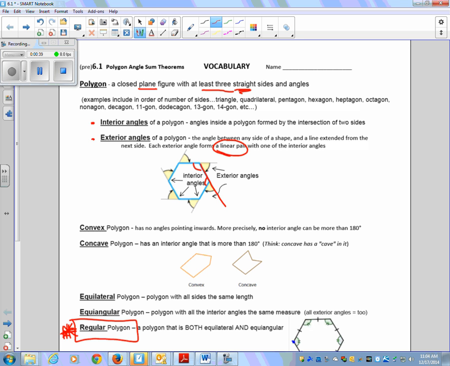Interior angles, exterior angles. Okay, we've talked about this before. It's, I think, pretty self-explanatory. Interior angles are on the inside of the polygon, and exterior angles are on the outside. Now, an exterior angle is formed by extending a side and then creating the linear pair with the interior angle. So if you remember, we did the triangle exterior angle theorem.